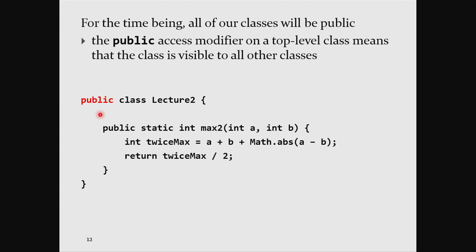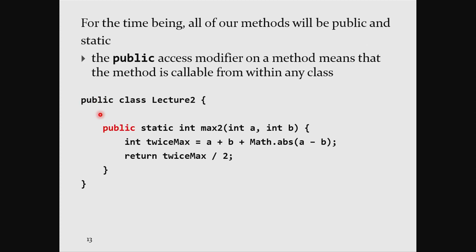If the access modifier is public, then there are no restrictions on what other classes can see the class lecture2. As long as someone knows what package the class is defined in, they can use it. So that's all public means on a class.